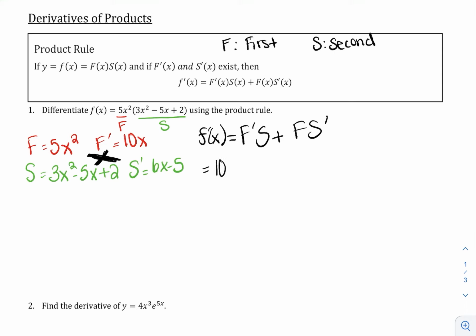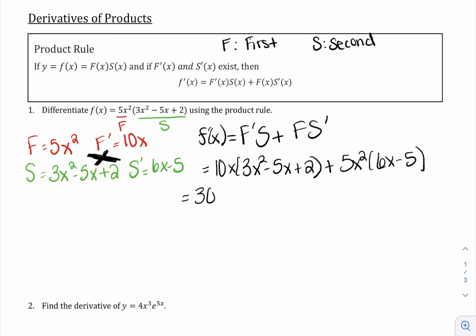So I have 10x times 3x squared minus 5x plus 2, plus 5x squared, the original F, times 6x minus 5. Now I'm going to clean that up. I'm going to distribute and then combine like terms if I have any.